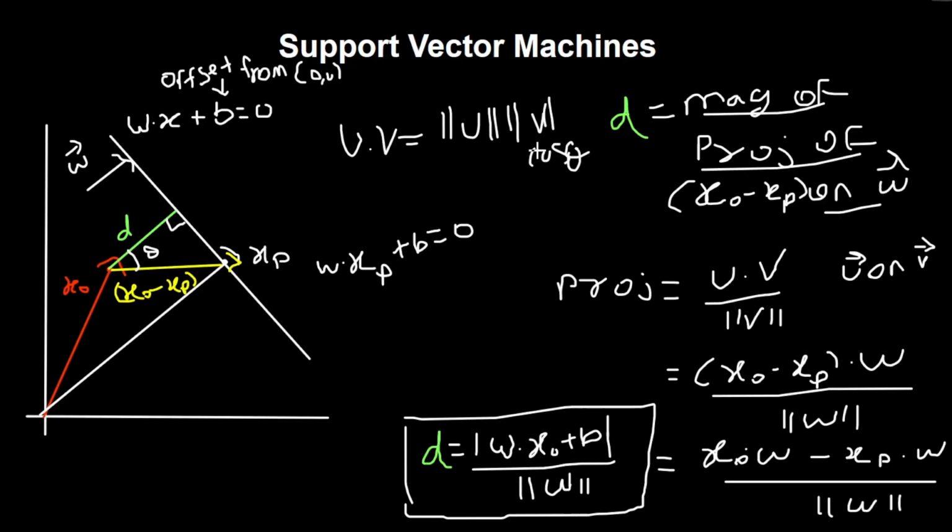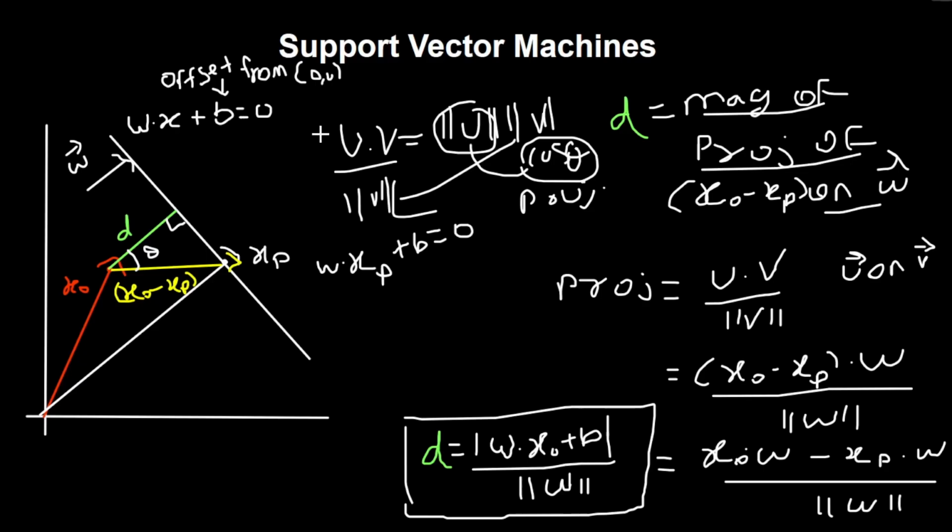The adjacent side is nothing but the magnitude of u times cos theta. So this is the projection which we need to find. If we take this to the other side, we'll have the magnitude of v in the denominator. So projection equals u dot v by the magnitude of v. That's how we get this formula. So the projection here is d, which is nothing but the magnitude of u cos theta.